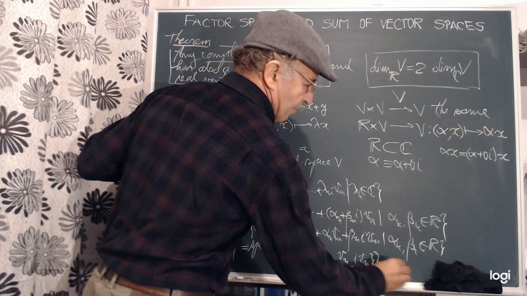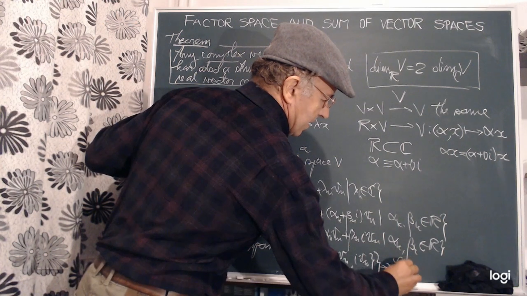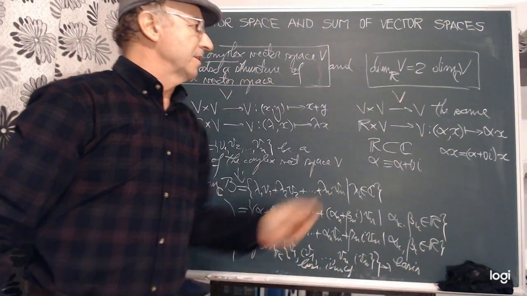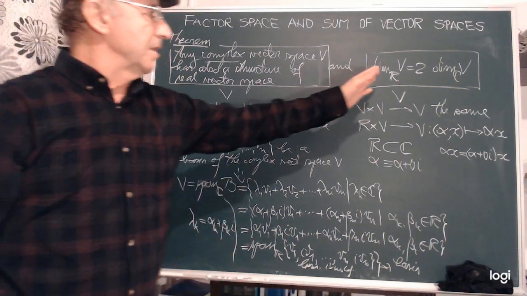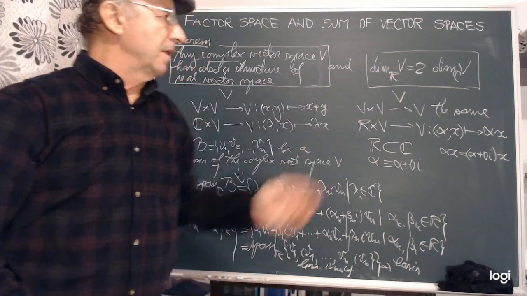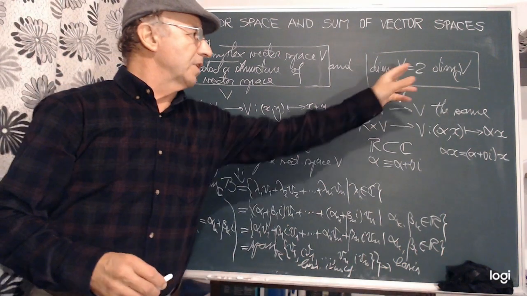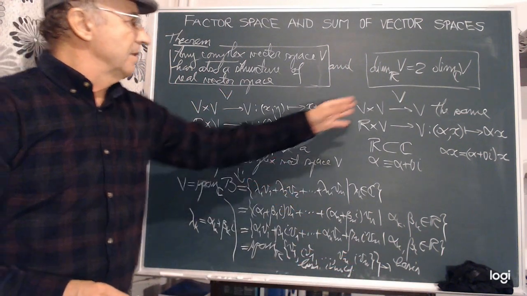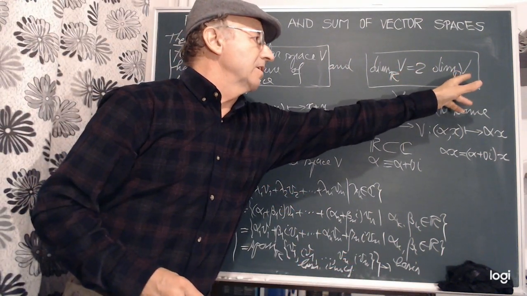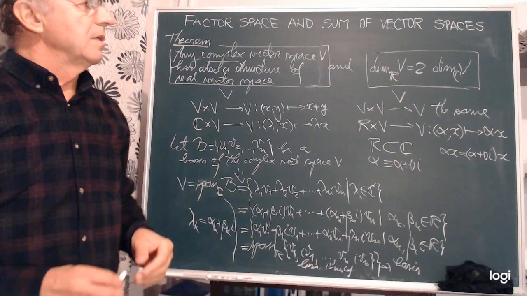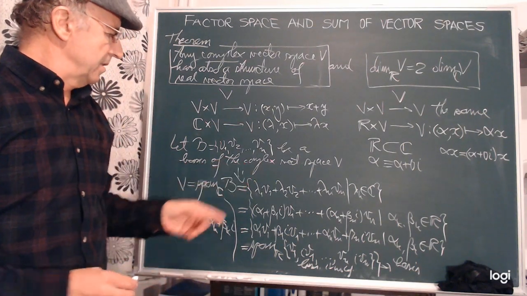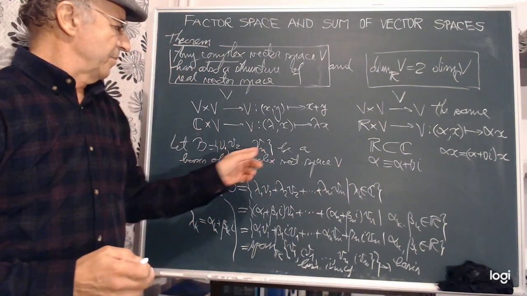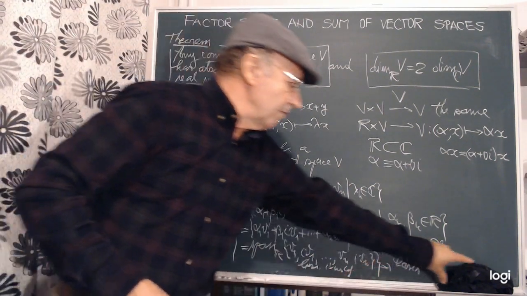From this, we have here a basis in the real vector space V. So the dimension of the obtained real vector space is 2 times, we have here 2n vectors, 2 times the dimension of the complex vector space V, whose dimension is n. Here is a basis.